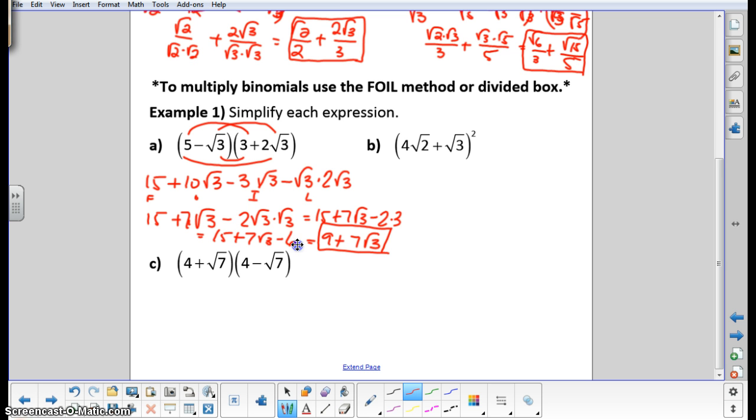So you notice how we FOILed that out and we got 2 terms. So I wonder what's going to happen when we deal with this one. I'm going to do a line here so we won't get one problem mixed with the other. So you know when you have a squared here, we're going to put these side by side. And then we're going to FOIL them out.